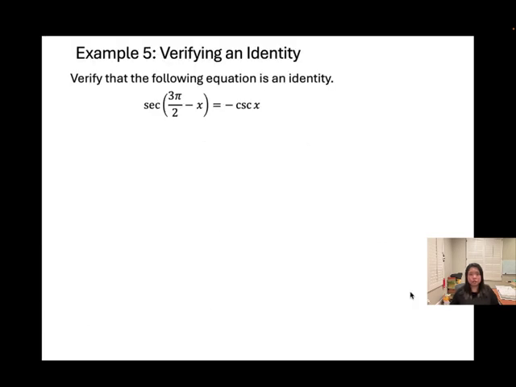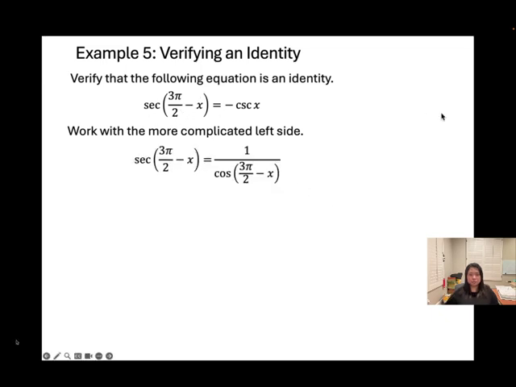Example 5, verifying an identity. Verify the following equation is an identity. So we need to prove it. We always want to work with the more complicated side, so we start with the left hand side here. Secant will be equal to 1 over cosine of 3 pi over 2 minus x. So we could apply cosine A cosine B plus sine A sine B. What is cosine 3 pi over 2?